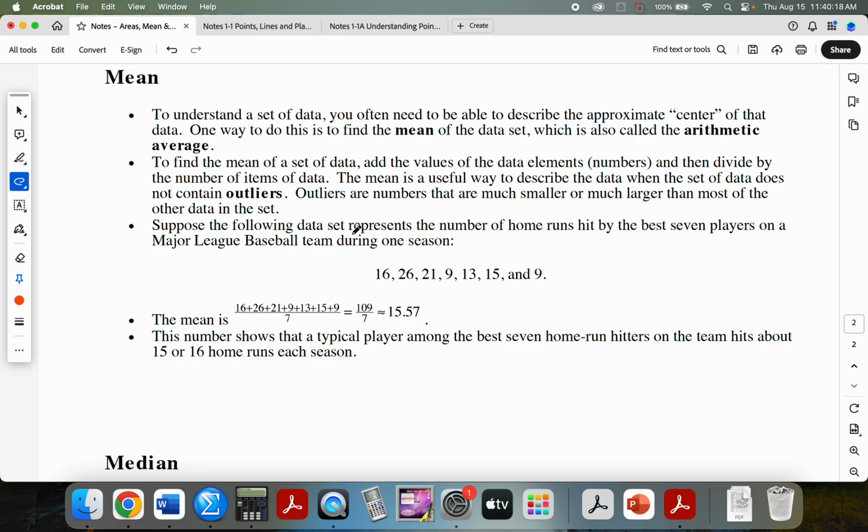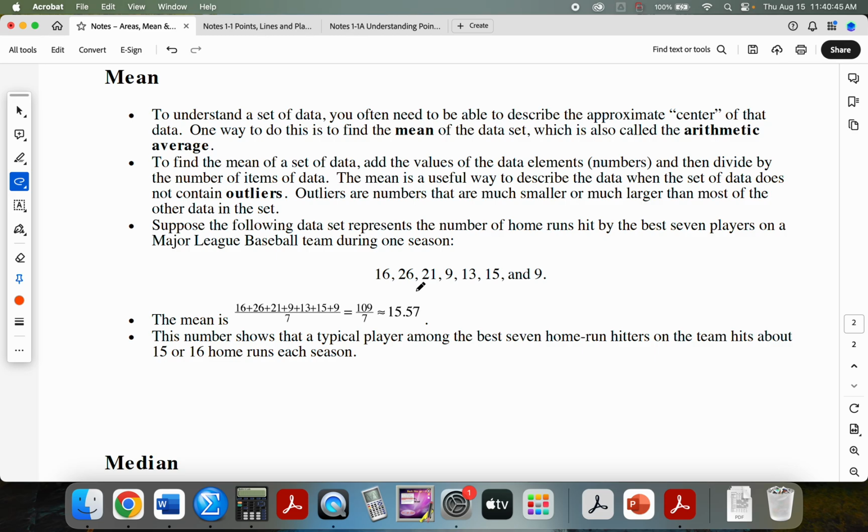So, suppose the following data set represents the number of home runs hit by the best 7 players on a Major League Baseball team during one season. It was 16, 26, 21, 9, 13, 15, and 9. Is that a particularly good team? No. If your best player didn't even hit 30 home runs, and 30 is a lot.